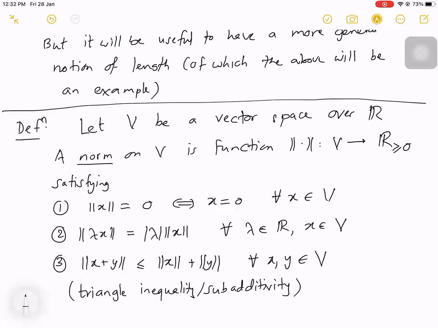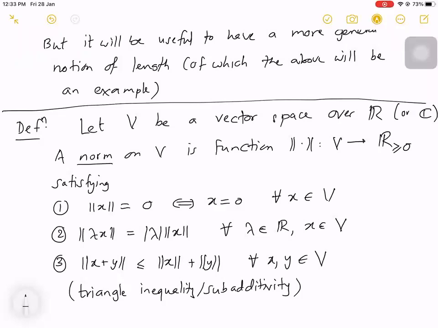So in other words, over here, if I put complex numbers, does the definition make sense? Yes. So only in one place are real numbers really coming into the picture. That is number 2, the scaling axiom.